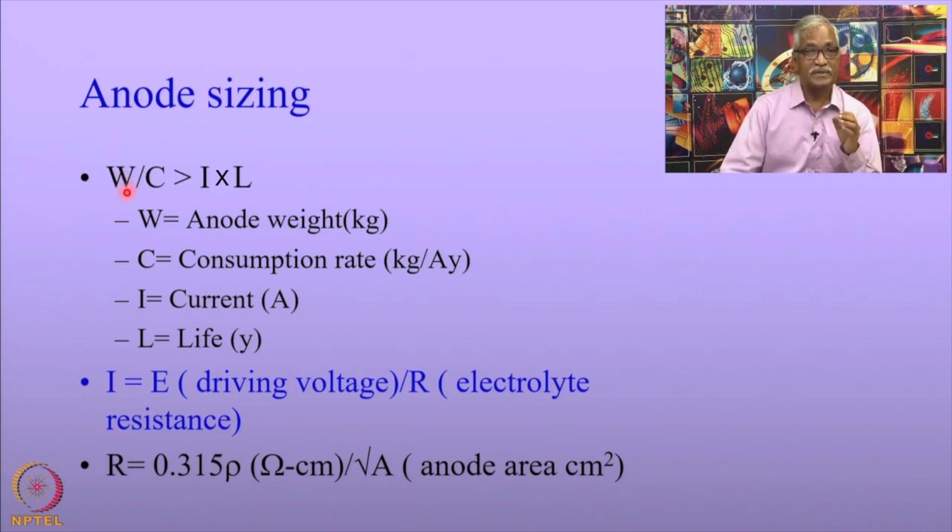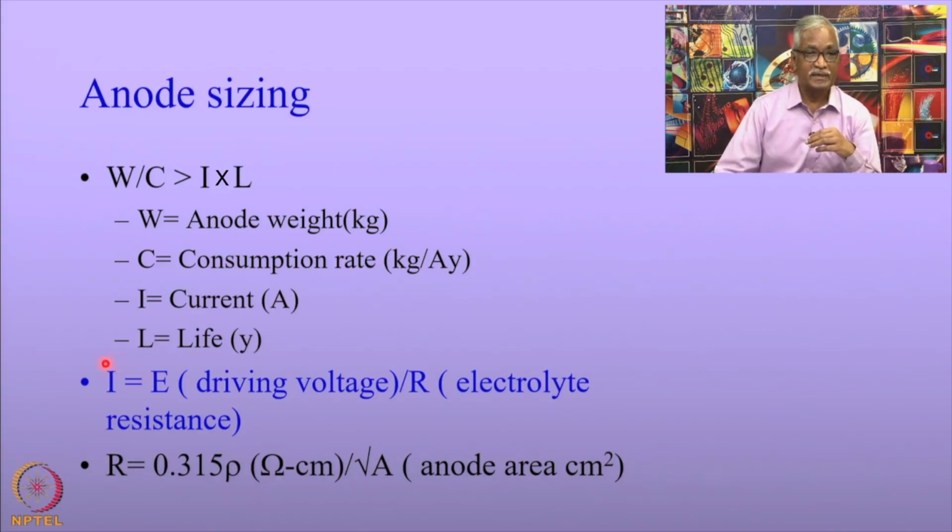The anode size selection also depends upon the current that is required. There should be adequate driving voltage. We have seen this during the cathodic protection of pipelines, where the anode ground bed resistance was calculated. That is very much applicable over here also.